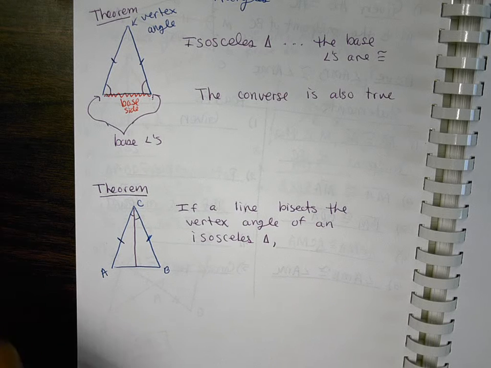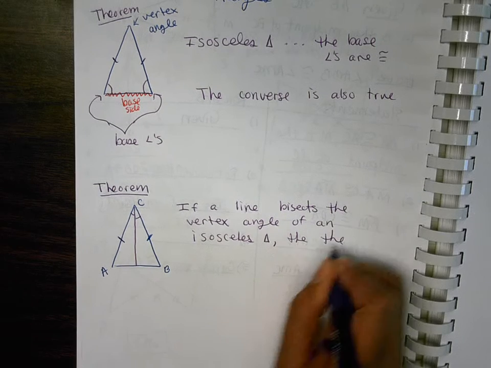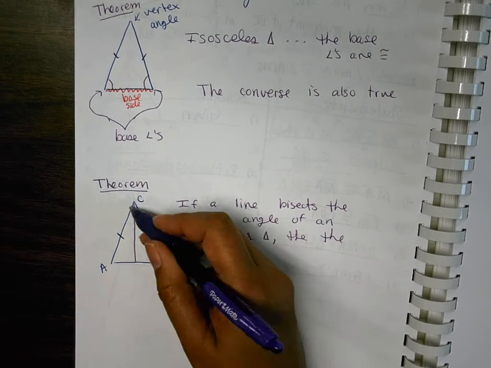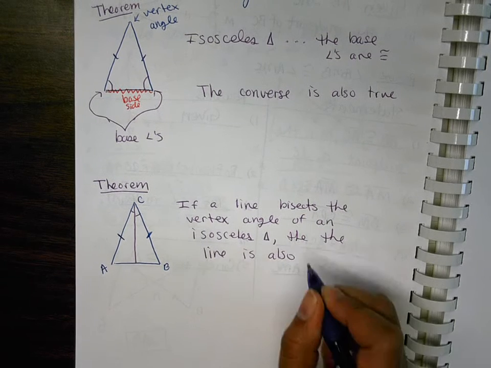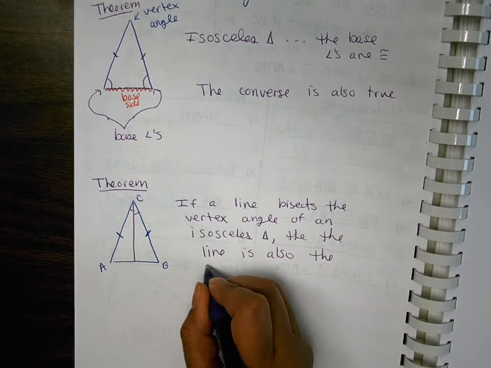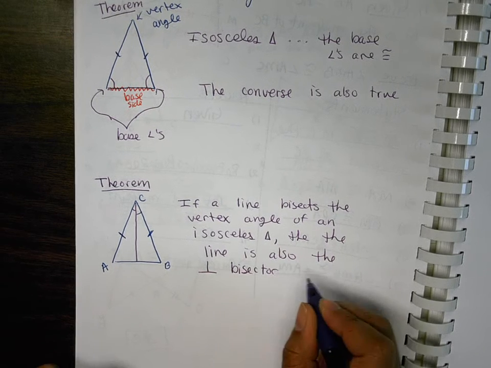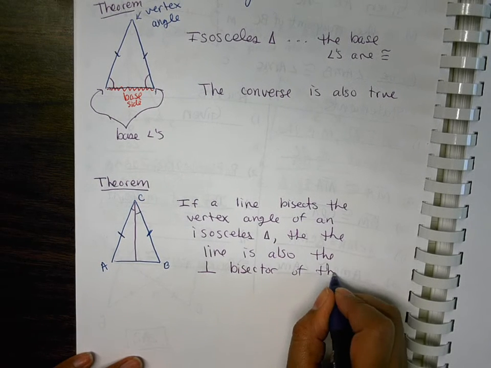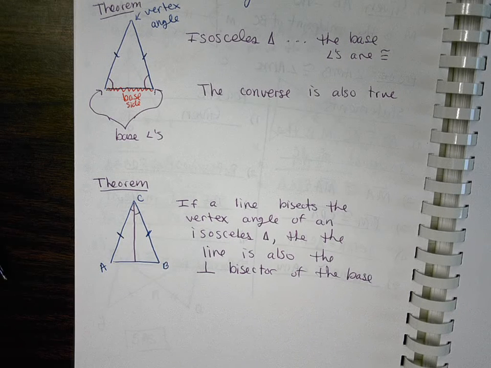Okay, so if a line bisects the vertex angle of an isosceles triangle, then the line, and that's this line that I just drew, is also the perpendicular bisector of the base. Go ahead and write that down.